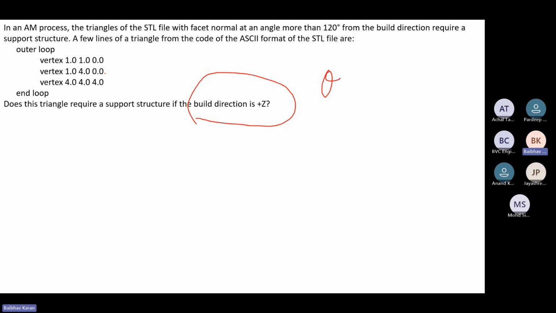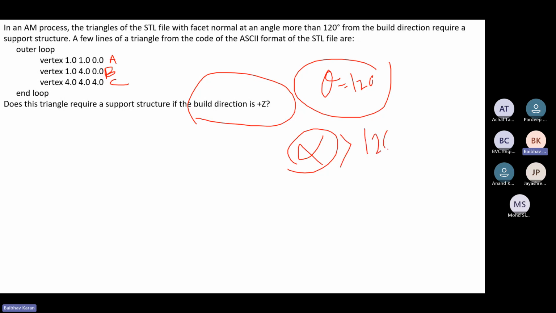A, B, C points are given. Critical value is 120, right? So if the alpha is greater than 120, then support structures will be necessary. So we need to find out alpha. What is the value of alpha?